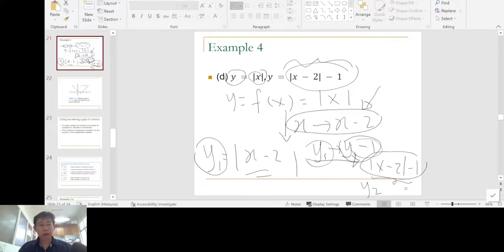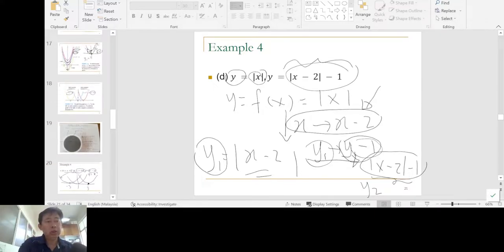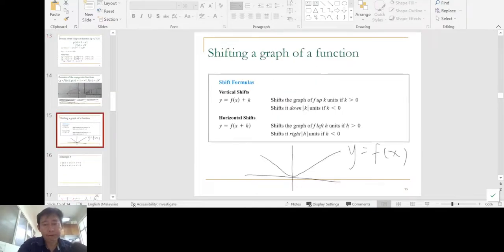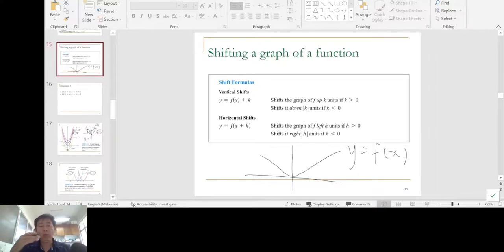So the conclusion is that you can shift the graph either up or down, left or right. Replacing y by y plus or minus k amounts to shifting the graph vertically.